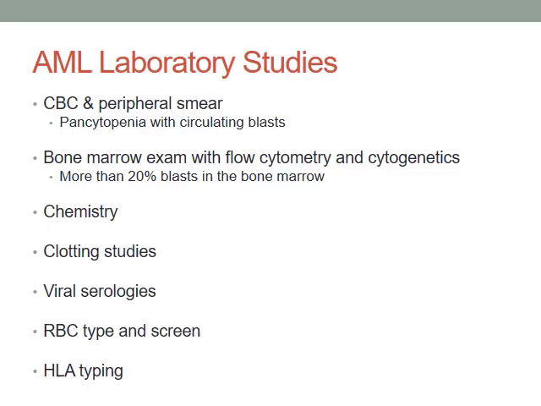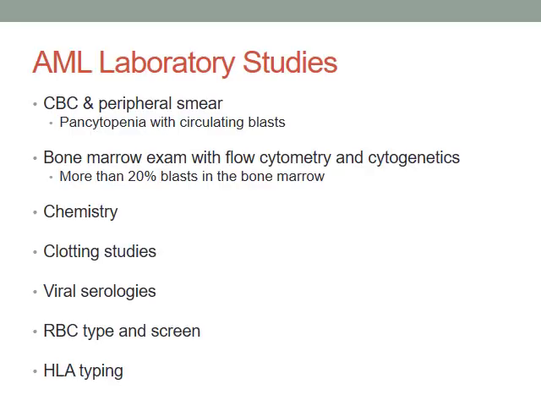The lab workup for patients with AML will often start with a CBC and is usually followed up by a peripheral smear. On the peripheral smear, the provider would see a pancytopenia with circulating blasts. In most cases, providers will often start with a CBC first, and then the result will show an increased white blood cell count.